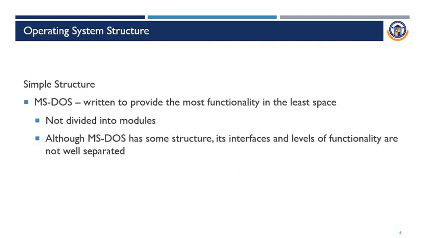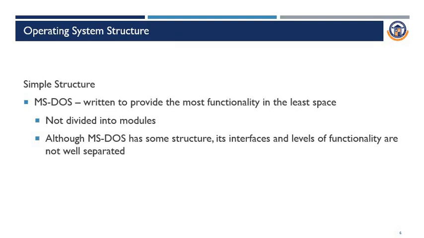The next one is the operating system structure. Every device has a proper structure, and only then can we implement the proper functions. In this we have a simple structure.